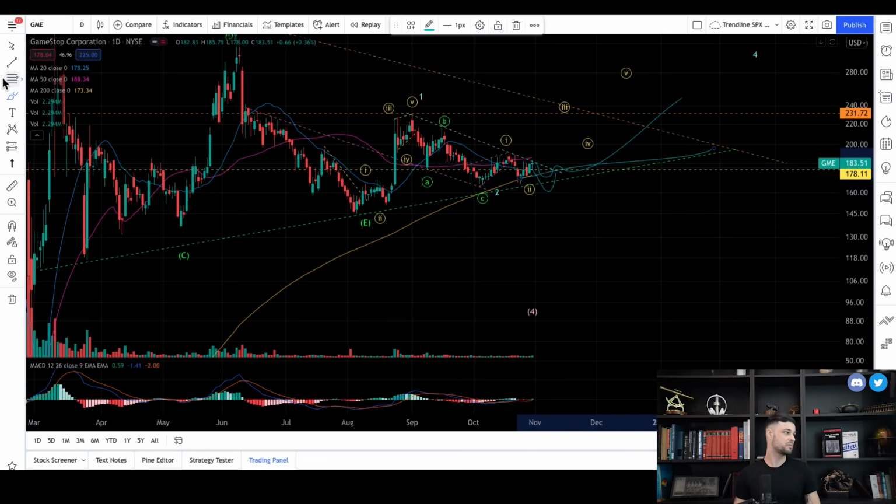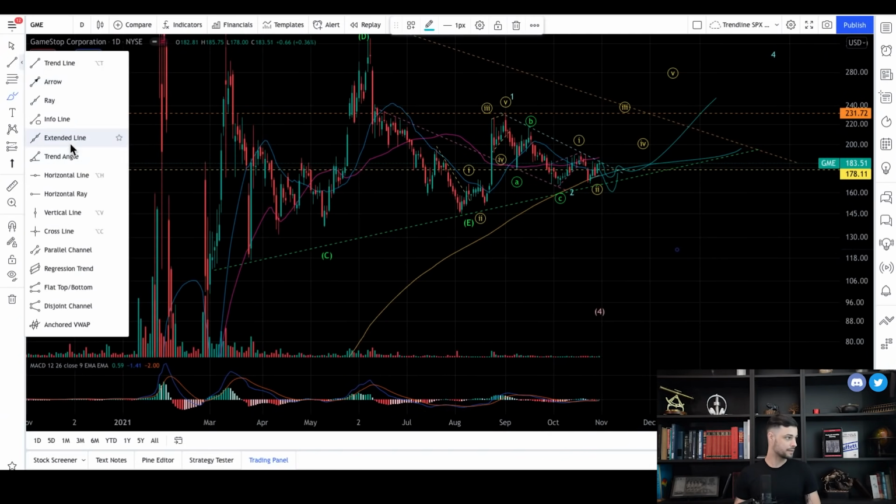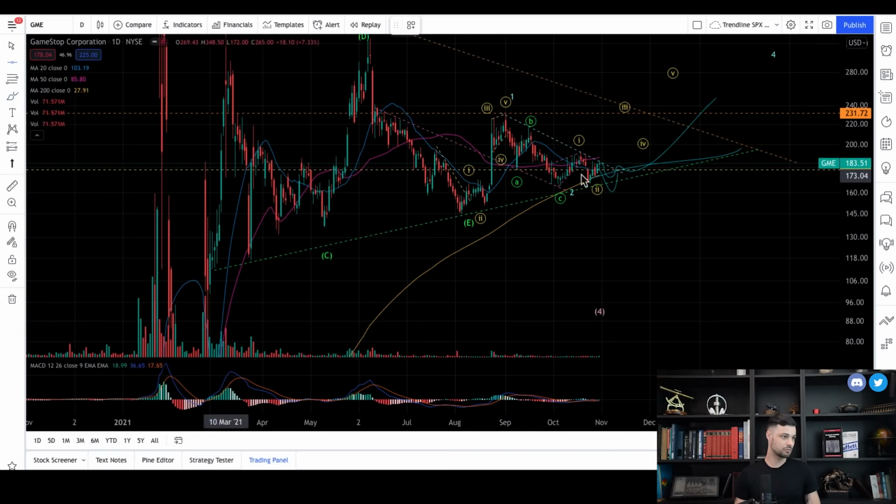To be honest, I don't want to be prepared for this scenario because it's not a nice one. But if we do break that, what could happen, guys? Nothing too bad. It wouldn't be nice. It would take for sure more time. First, we could fake out. 165 is the first support. If we break 165, we'd probably go to the 140 area and then bounce.